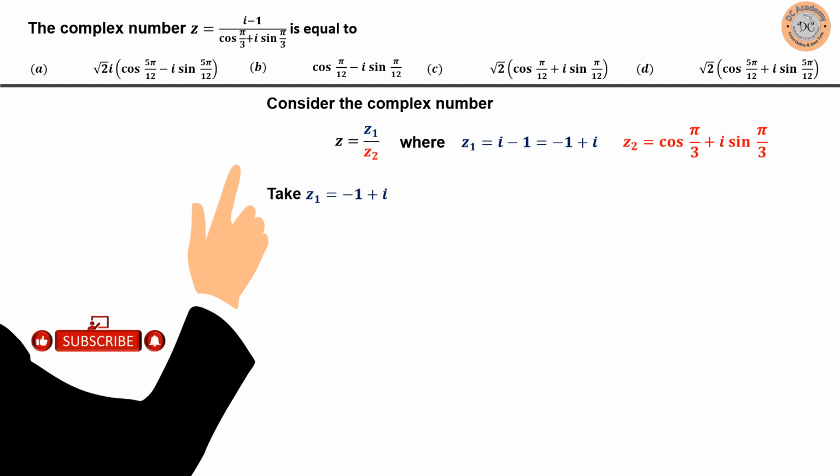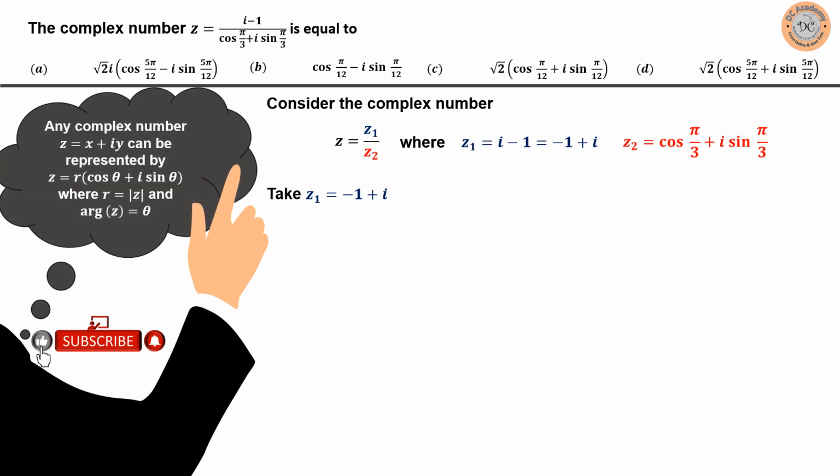Now we all know that any complex number z equal to x plus iy can be represented as r cos theta plus i r sin theta, where r is the modulus of z and theta is the argument.